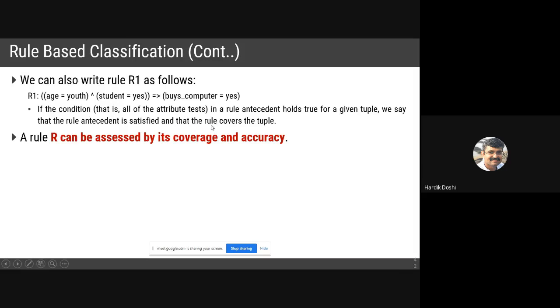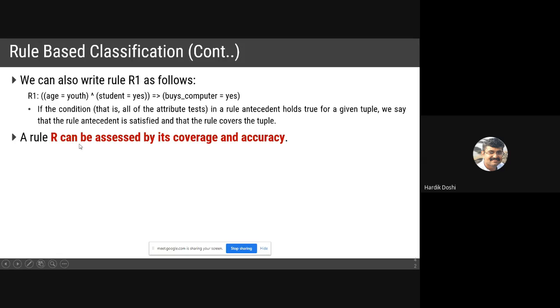This term is very important: rule covers the tuple. So we check this condition for one data tuple X. If the condition is true and the rule is satisfied, then we can say that the rule covers the tuple.